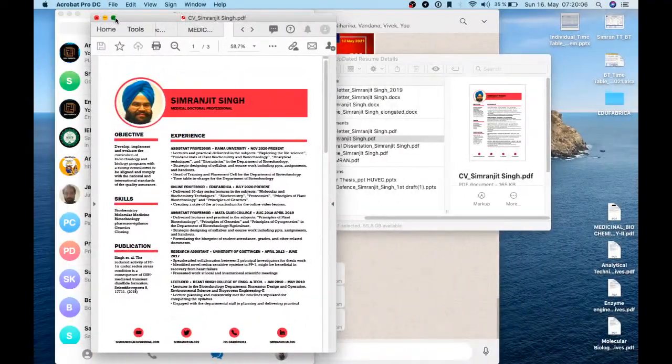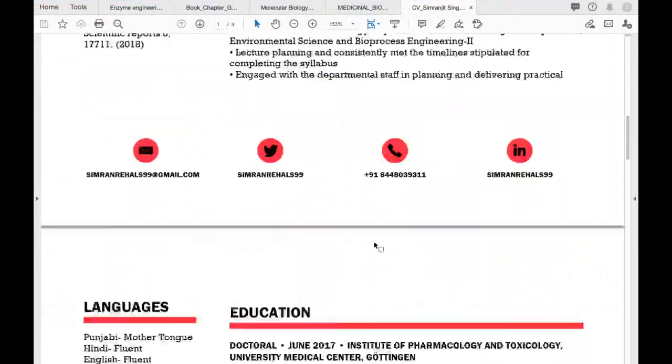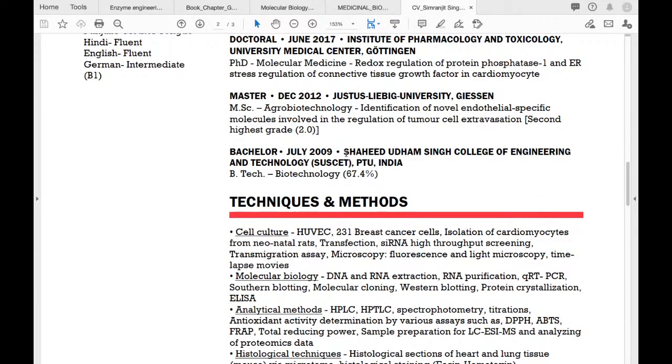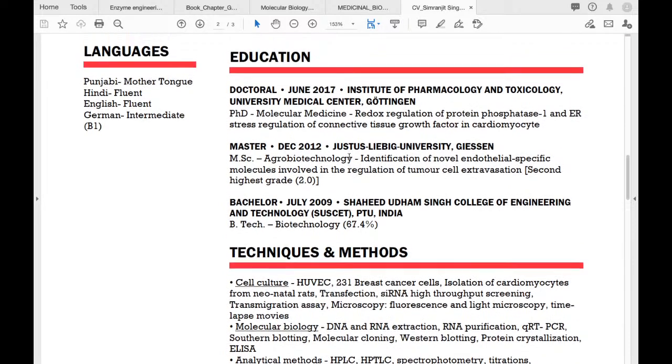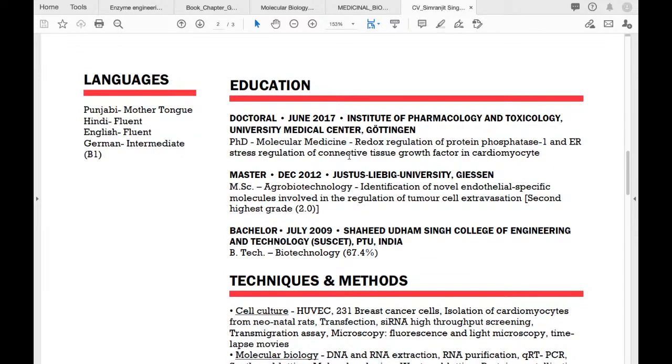So who am I? I'm Dr. Simranjit Singh. I had my BTech in Biotechnology in 2009 at Shahid Singh College of Engineering and Technology in Punjab, and then I went for my master's at Justus Liebig University Giessen in Germany, where I did my master's in agrobiotechnology. But I switched for my master thesis: identification of novel endothelial specific molecules involved in the regulation of tumor cells.